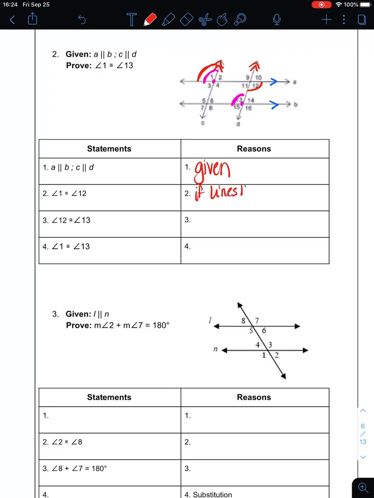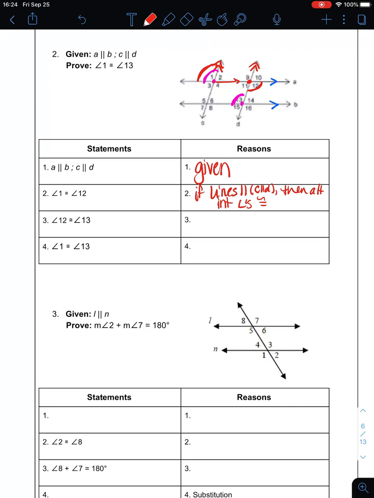I know that because if lines are parallel, and in this particular case, that means that C is parallel to D, right? So I can go from 1 and I can slide down that transversal and go from 1 to 12. If lines are parallel, then alternate exterior angles are congruent. On Pearson, it'll just say the alternate exterior angles theorem.